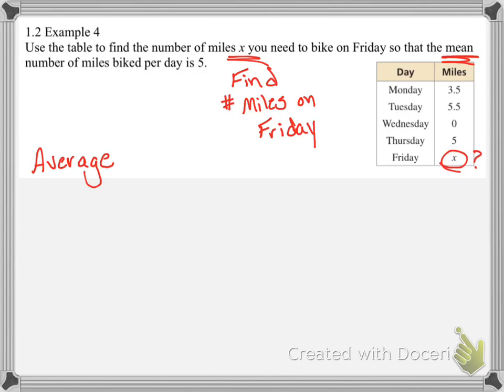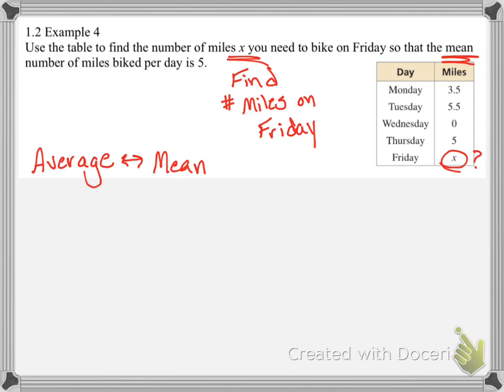Is there a difference between average and mean? Average and mean are the same thing. So here we're looking for the average. Shelby nailed it. To find the average, you add them all up and divide by how many there are.